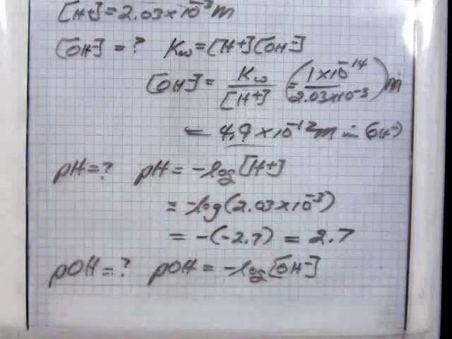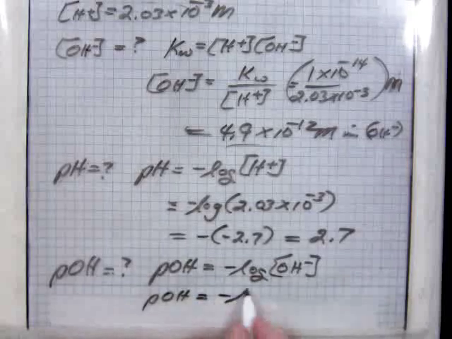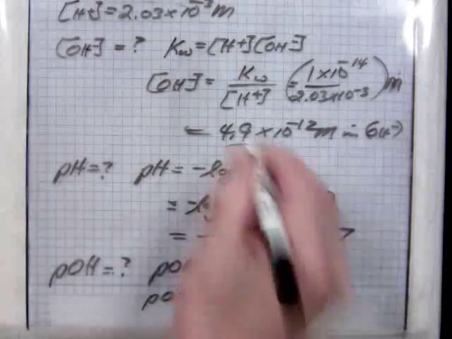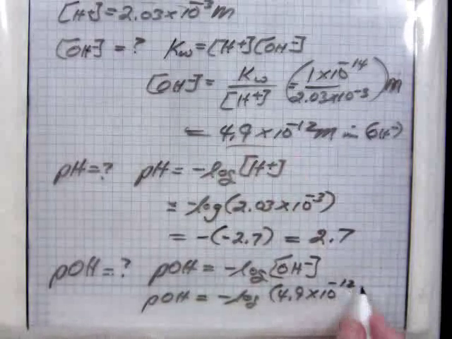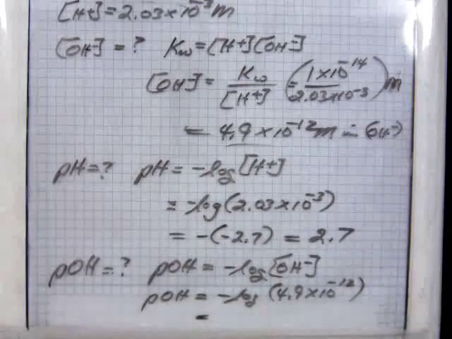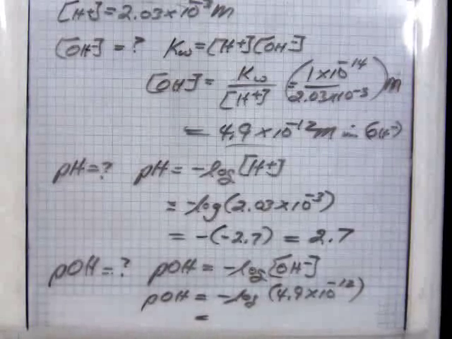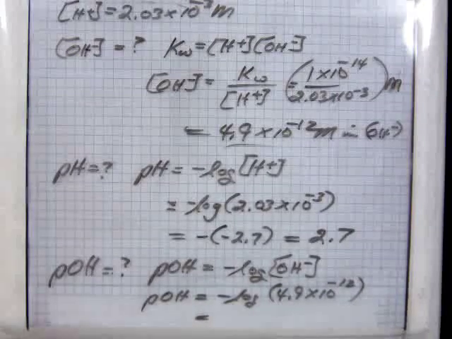Take that OH concentration and calculate the pOH from that. So using that, it's minus log of 4.9 times 10 to the negative 12, and I get 11.3.